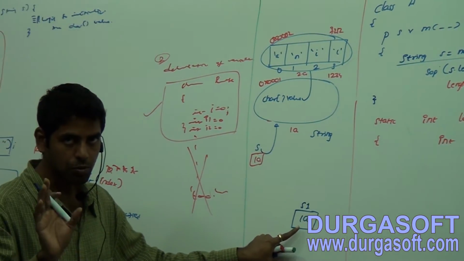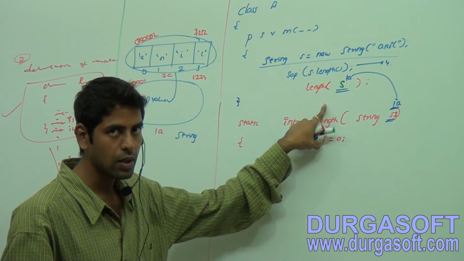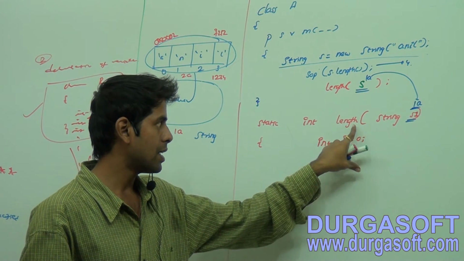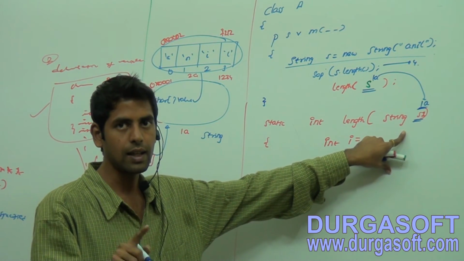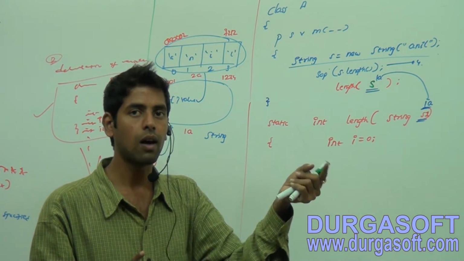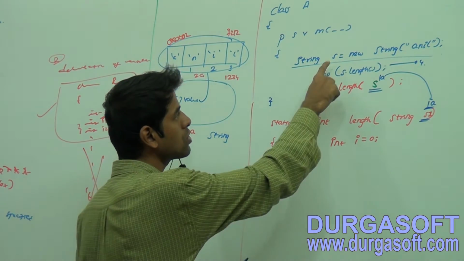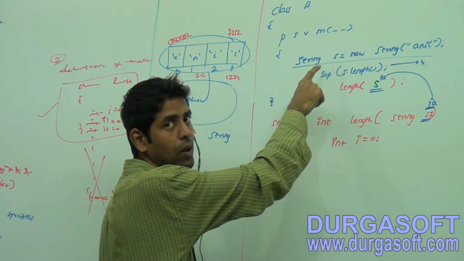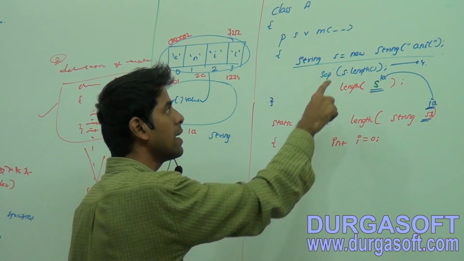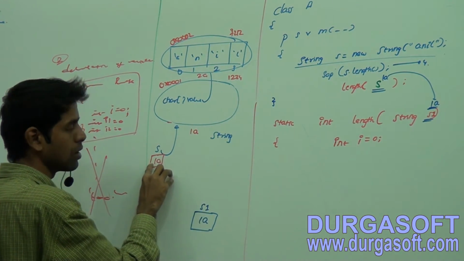Now s1 value is what, friends? 1a. Observe properly, because of this method call. This method is having argument as string. So I want to pass string object reference value. So I have one string object here and one reference variable containing this object reference value.